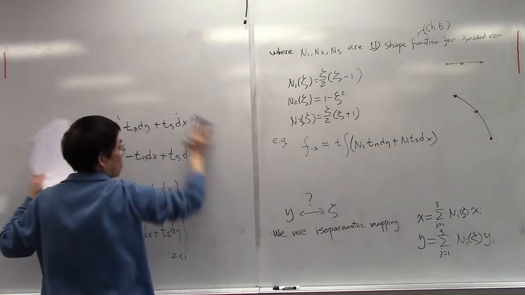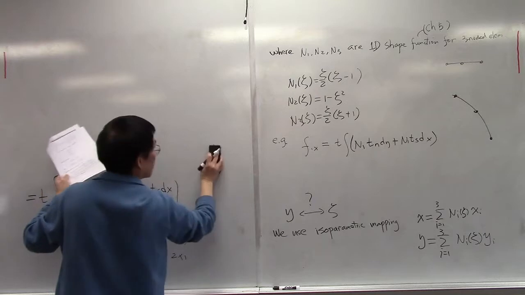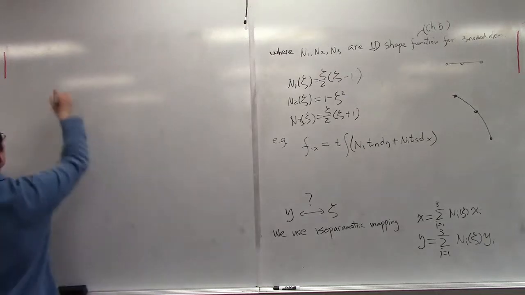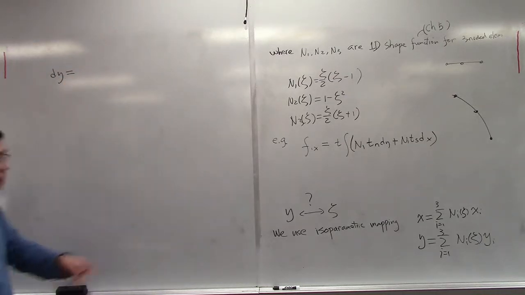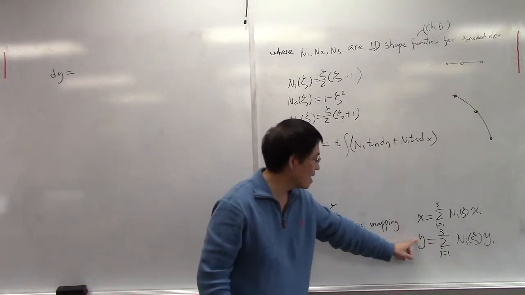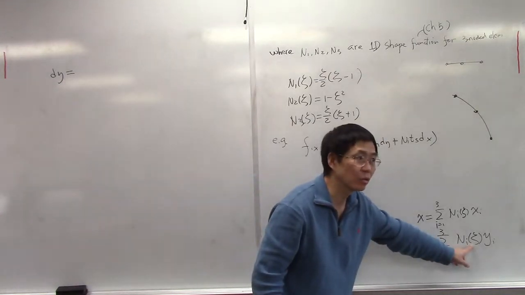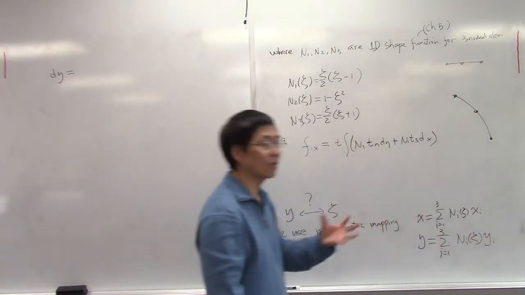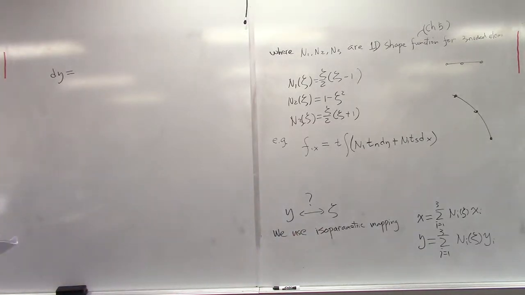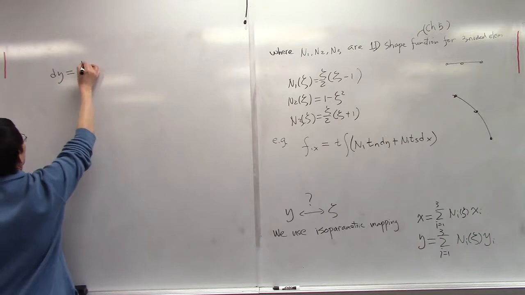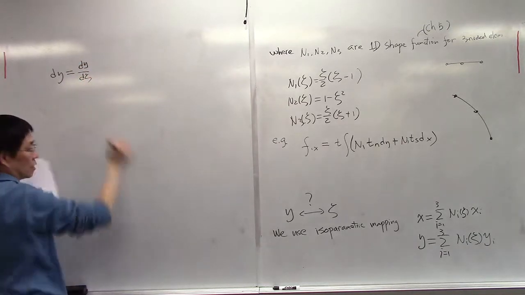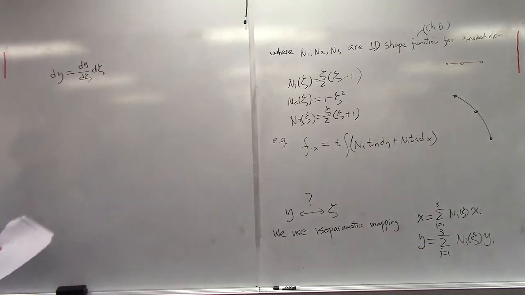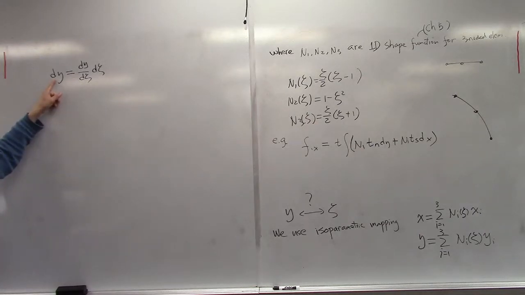If that's the mapping, then dy, look here, y becomes a function of theta, the natural coordinate. x is also a function of theta, because these are given positions, which are not functions of theta. So dy, using the chain rule, because this is only a one variable function, so we can use the full differential. So that's the formula to estimate dy.